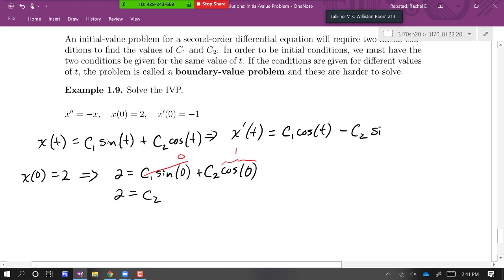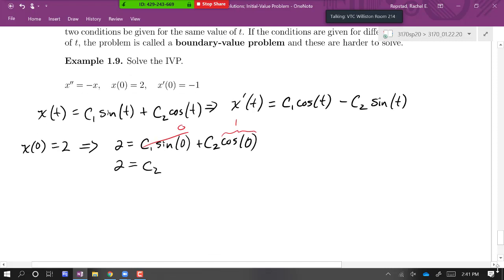Yeah, good. So now that we have that as a function, we can go ahead and use the other bit of information they gave us. x prime of 0 is equal to negative 1, so negative 1 is equal to C1 cosine of 0, sorry, minus C2 sine of 0.